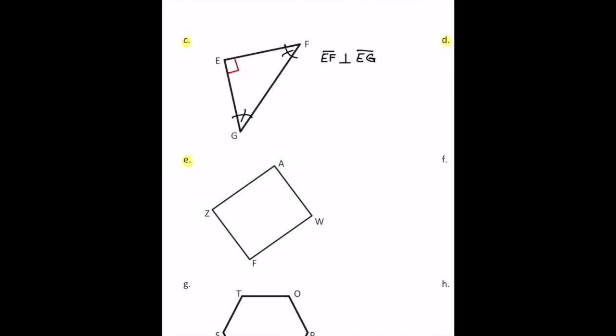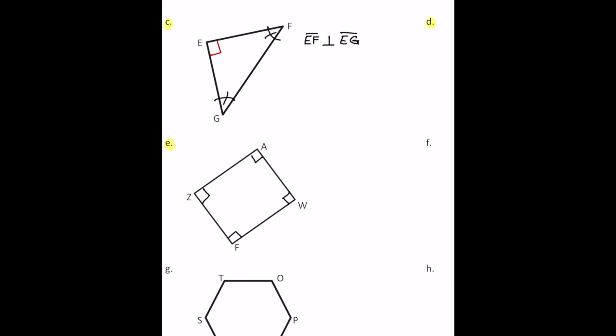Okay. E, we can find out there are plenty of perpendicular areas on this. So they all form 90 degrees. All are, so we'd have to call them all out, right? So AZ perpendicular to ZF. Again, you could easily call that FZ. It's your choice. AZ is perpendicular to AW.